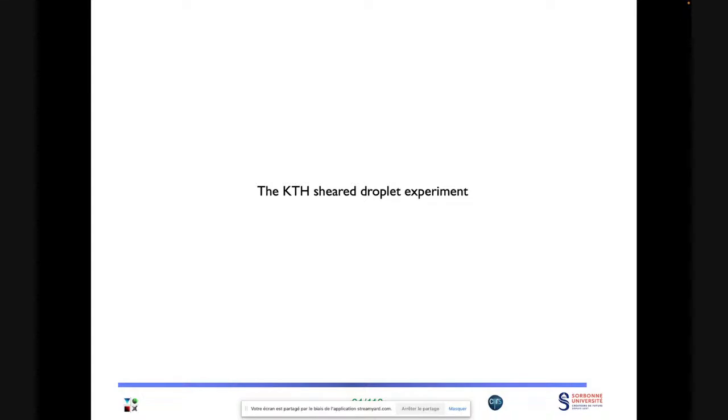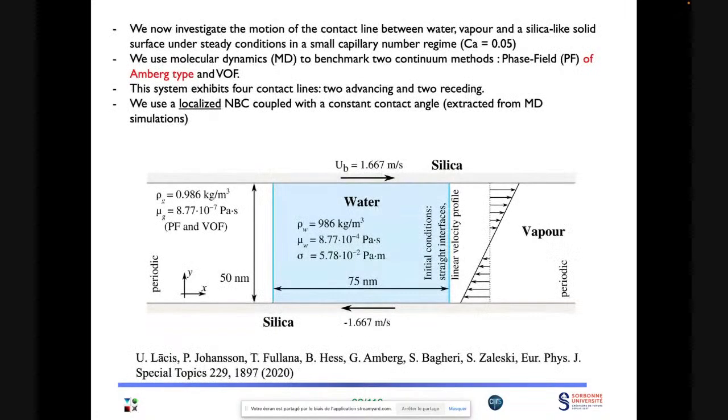But we didn't have good experiments on the withdrawing plate. And so we decided to replace the experiments with some molecular dynamics. And so we did that with a group of people at KTH, called the KTH shear droplet experiment. So the experiment looks like this. We have a much smaller scale now because we cannot do molecular dynamics at huge scales.